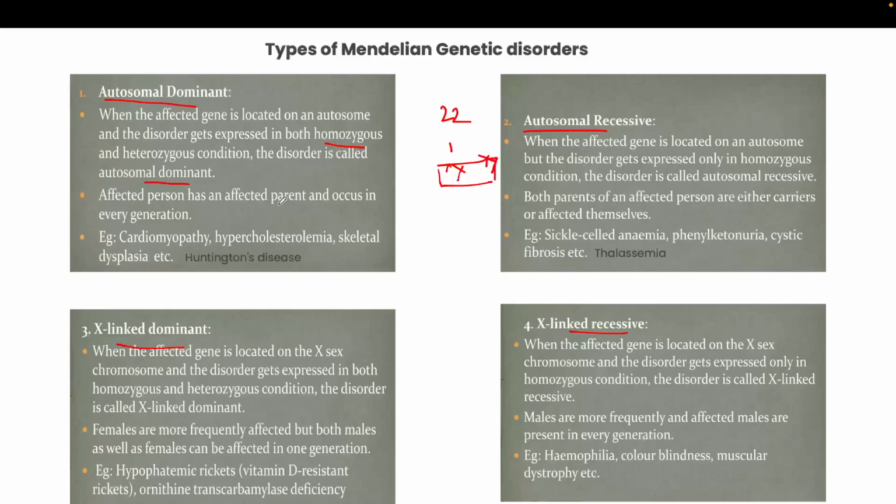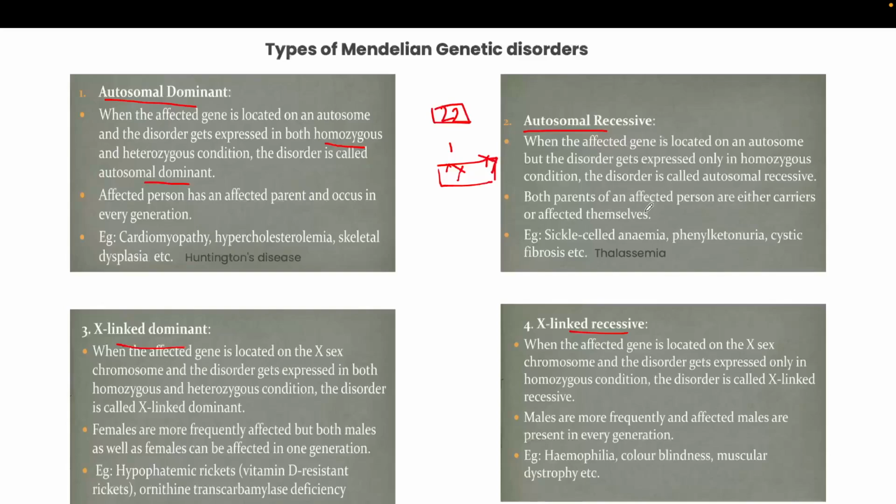Okay, then the second one is the autosomal recessive. It is also linked with the 22 pairs of autosomes, and it is only expressed when the condition is homozygous recessive. Only if the offspring has the homozygous recessive genes will this disorder occur.